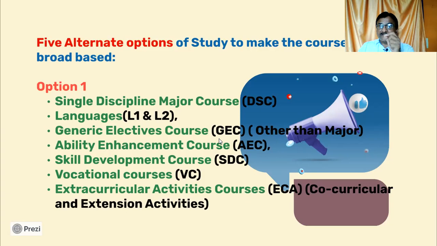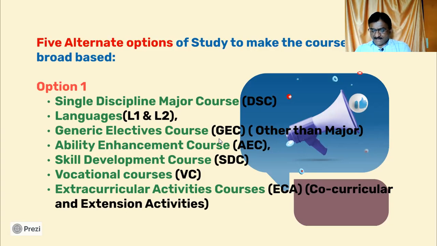Therefore, if a student studying in the BSc degree wants to pursue music or sports or games or anthropology as a generic elective course or subject, he is free to get entry into that subject or he can choose that subject.